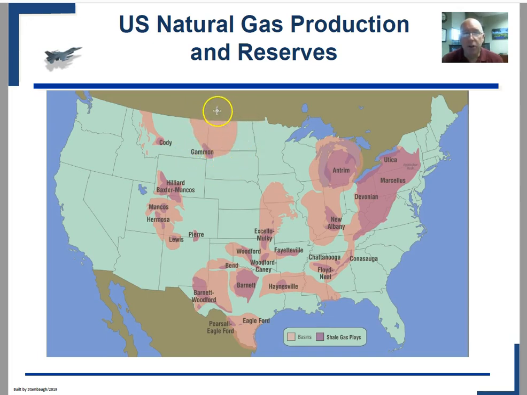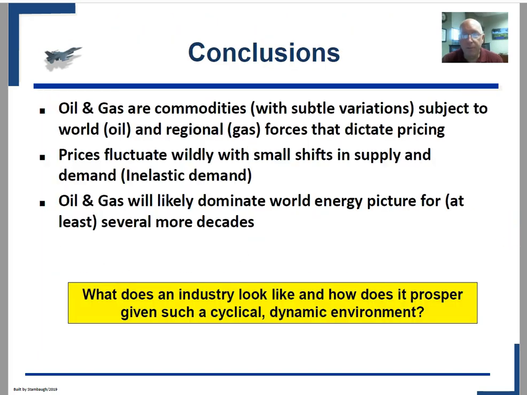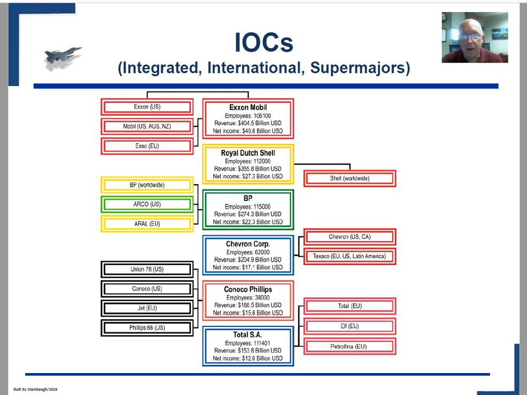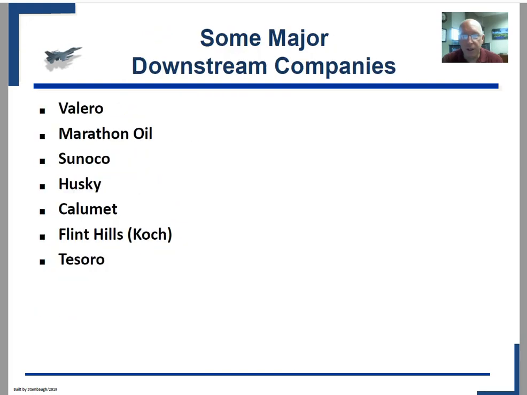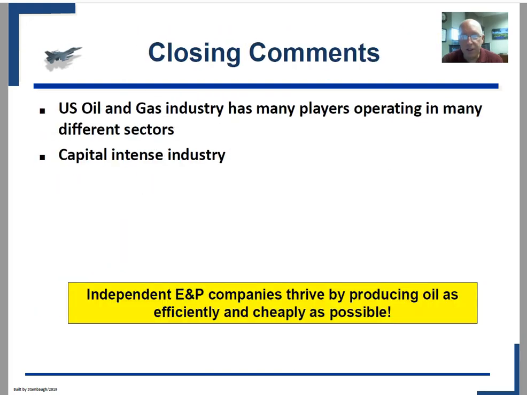I want you to know where the Bakken is, the Permian Basin, the Barnett, the Eagle Ford, and the Marcellus. You're going to need to know where those things are for the exam. And I don't think there was anything on the rest of that slide.